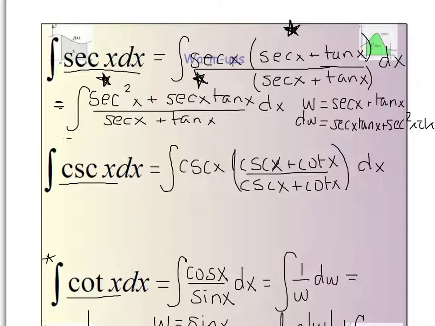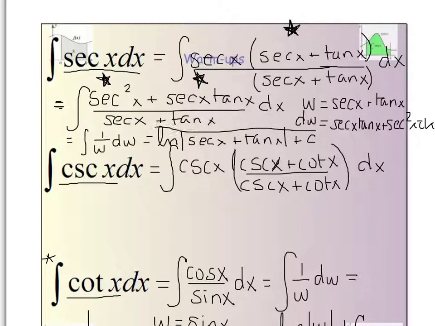So you are looking at the integral of 1 over w dw. Same structure as the other ones, which is equal to natural log. In order to save space, I could write the absolute value of w, but I know w was secant x plus tangent x. So that turns out to be the integral of secant x dx.